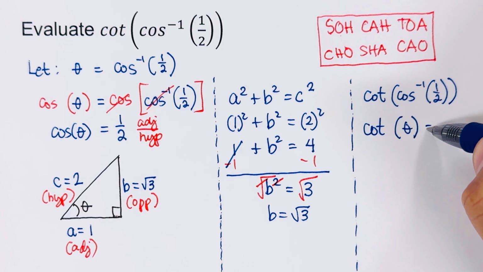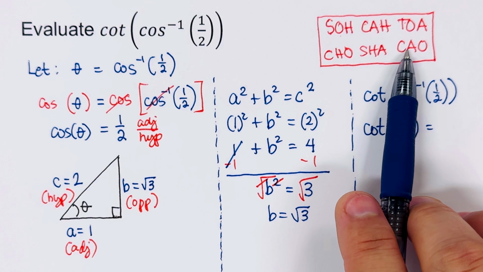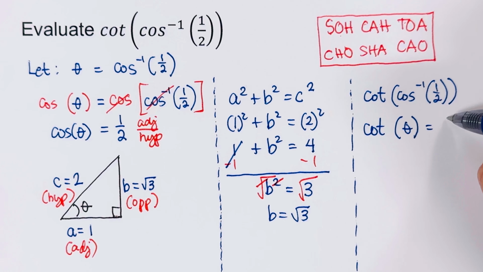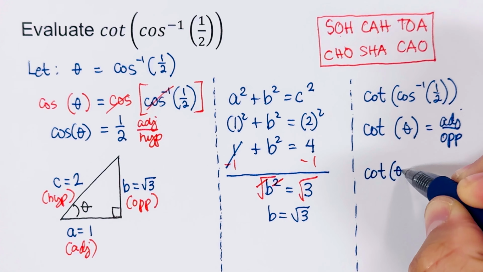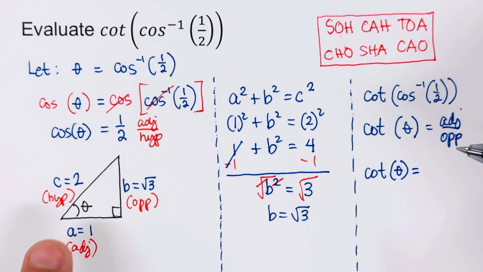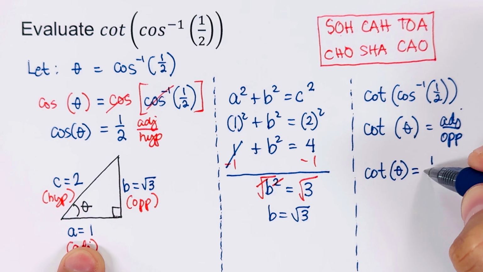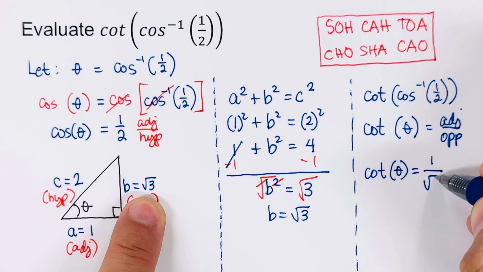Looking at the acronym, cotangent is the reciprocal of tangent, so that is adjacent over opposite. We determine the adjacent side and the opposite side from this theta. Our adjacent is 1 and the opposite side is square root of 3.